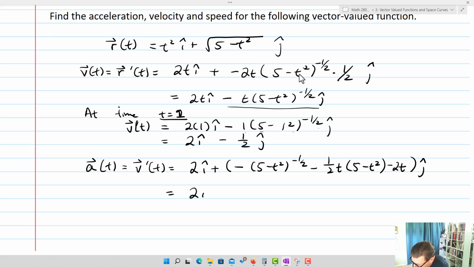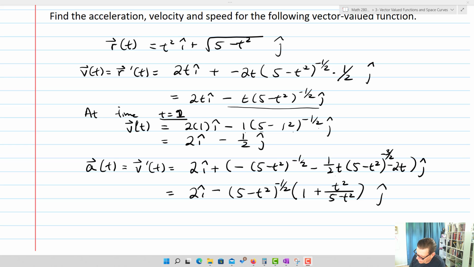Simplifying that, we'll end up with 2i plus, well, we'll actually change this to a minus, and so we'll pull out a (5 minus t squared), by the way, this is to the negative 3/2. It's going to be (5 minus t squared) to the negative 1/2 times, okay, this will be 1 plus, excuse me, t squared over 5 minus t squared, and all of that j.